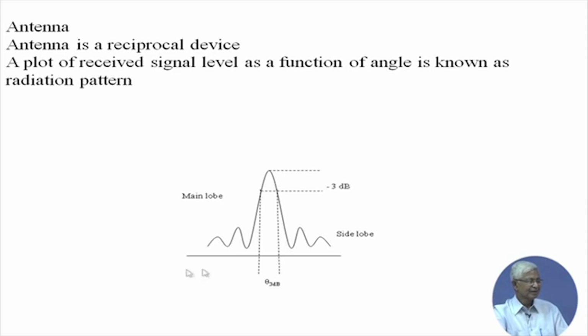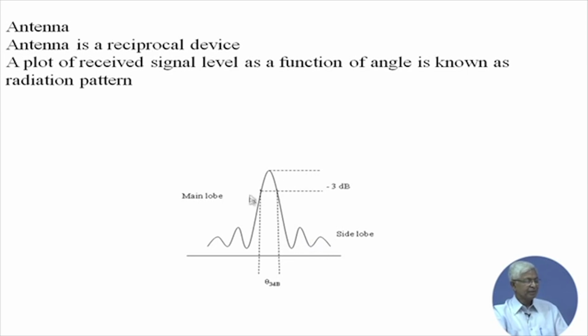In a linear scale, it can be plotted like that, with the theta angle or phi angle in the x direction. Here I have shown theta, and the power is maximum at 0 degrees, let us assume, and as we increase theta in either the positive or negative direction, the power falls, and it peaks again, falls again, peaks again, like that.